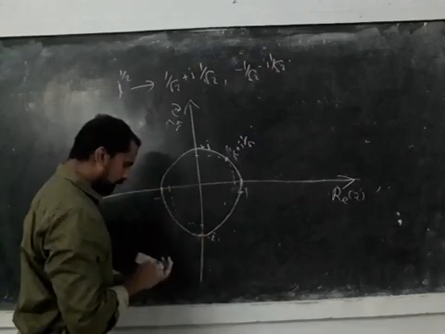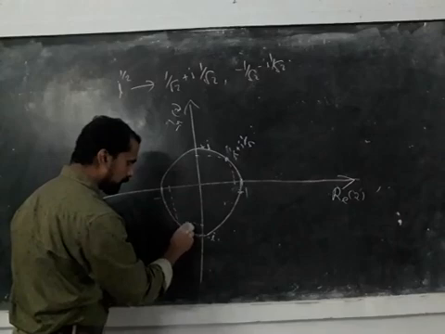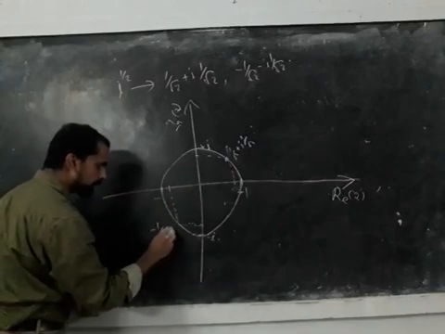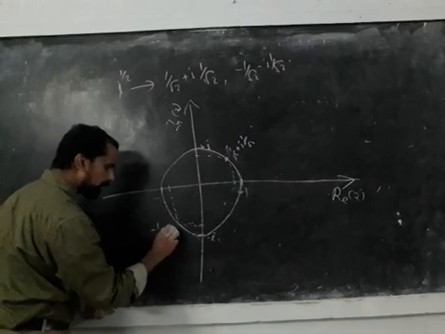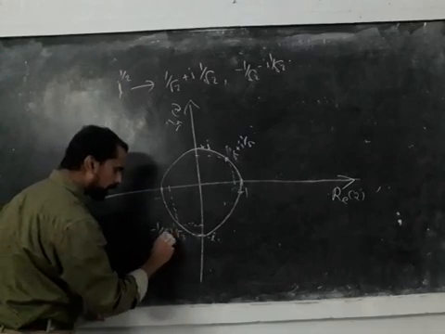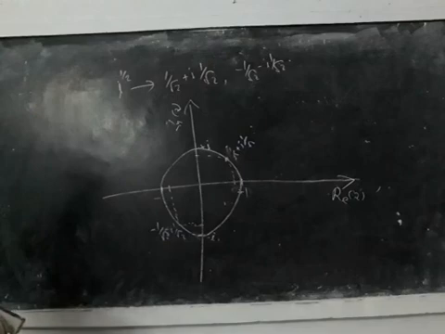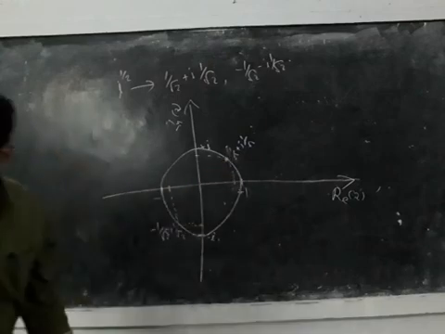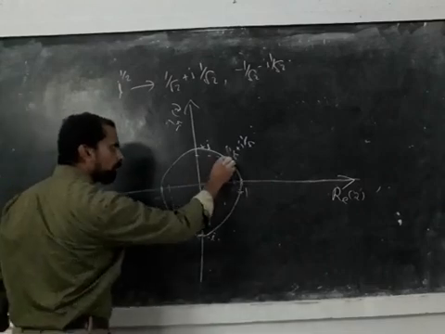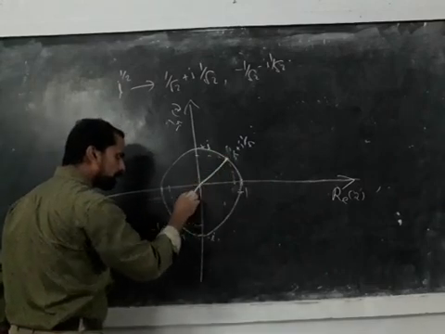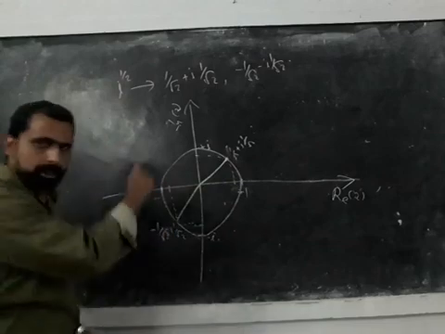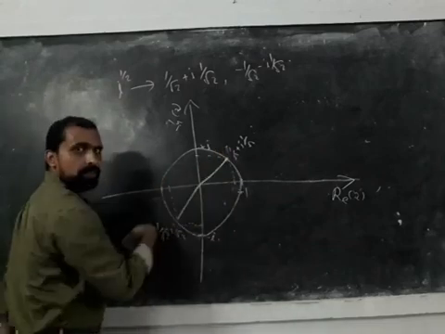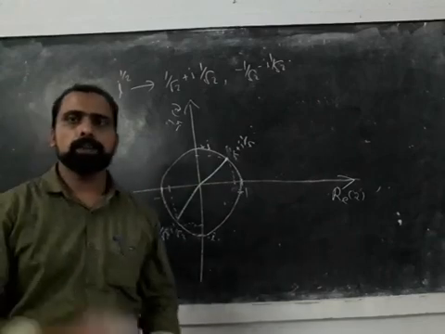Now, this is minus 1 by root 2 minus i 1 by root 2. So these are the two points, and they come out just opposite. Actually, this point is a mirror reflection point. So this is the way to represent it.